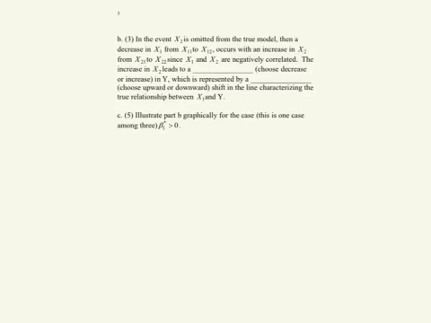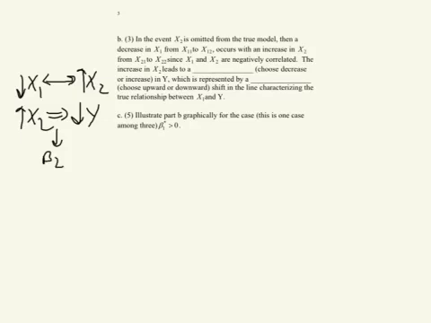Right. So now the idea is, when I decrease x1, that happens with an increase in x2. And an increase in x2 leads to a decrease in y. This is because beta 2 is less than 0.